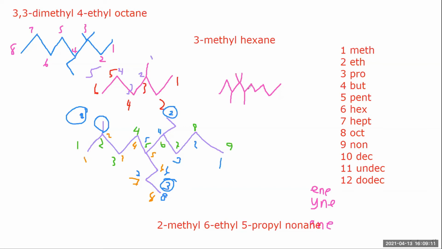So since there are 2 of them, it's dimethyl. If there were 3 of them, it would be trimethyl, etc. And he's doing 3,3 to indicate that both of those methyl branches are at the 3rd carbon on the longest part of the chain. You mentioned the location, correct? Yep. That's what the number is. It's the location. Oh, okay. Yeah, that makes sense now.